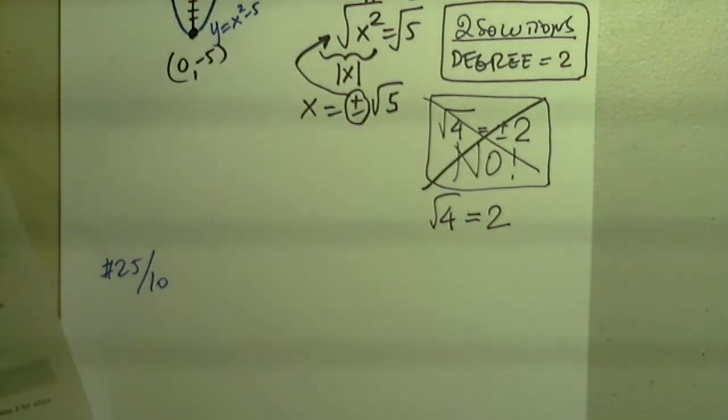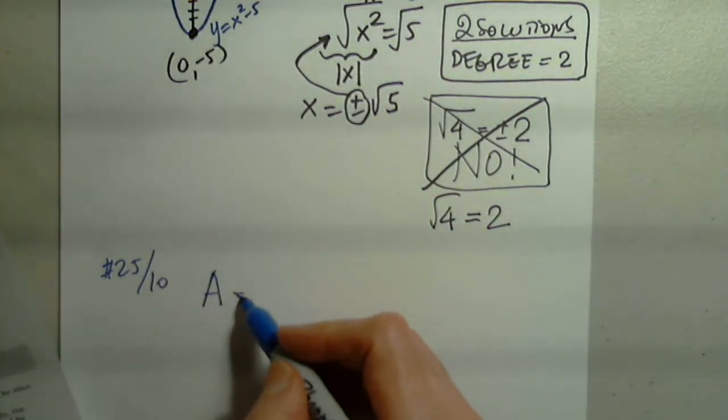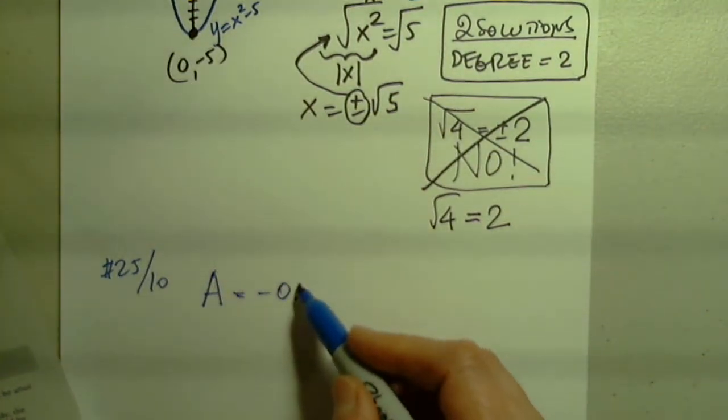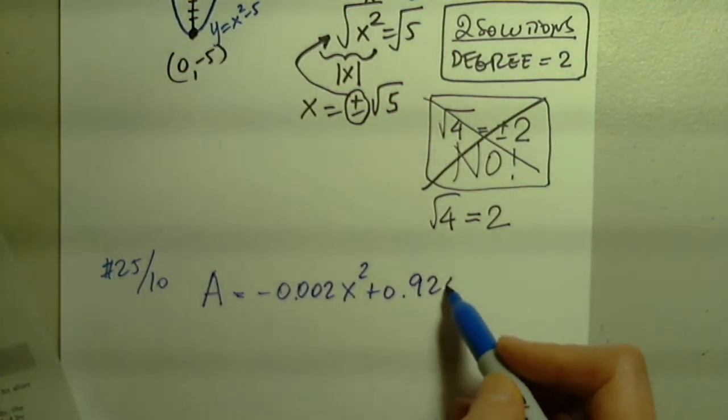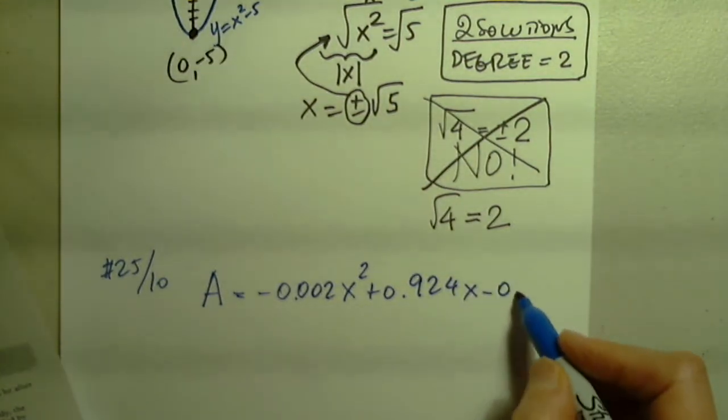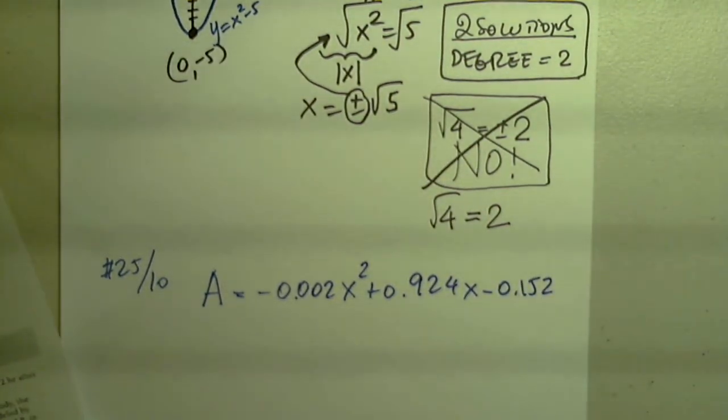It says optimum solar panel angle. The optimum angle A is given as the function... x is the location of the panel in degrees, latitude north of the equator.